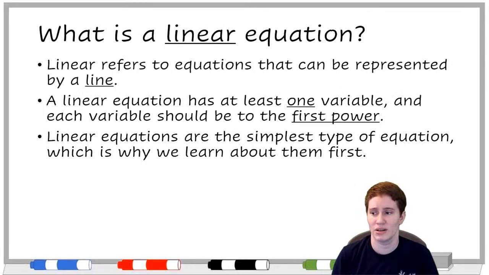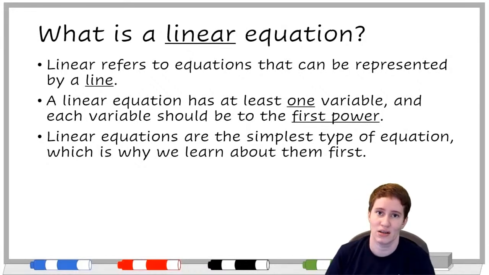Alright, now that we know what an equation is, what is a linear equation? So the word linear there refers to equations that can be represented by a line. So that should be an easy connection to make because the first four letters of linear is the word line. And there's ways that we can tell by looking at an equation that it is actually a linear equation, that we could represent it with a line.